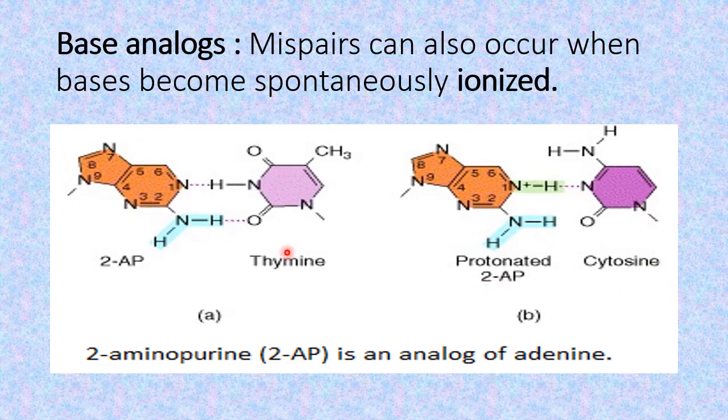And now this AT pair will be gradually substituted by the GC pair. So this mispairing may occur because of these ionized forms of base analogues.